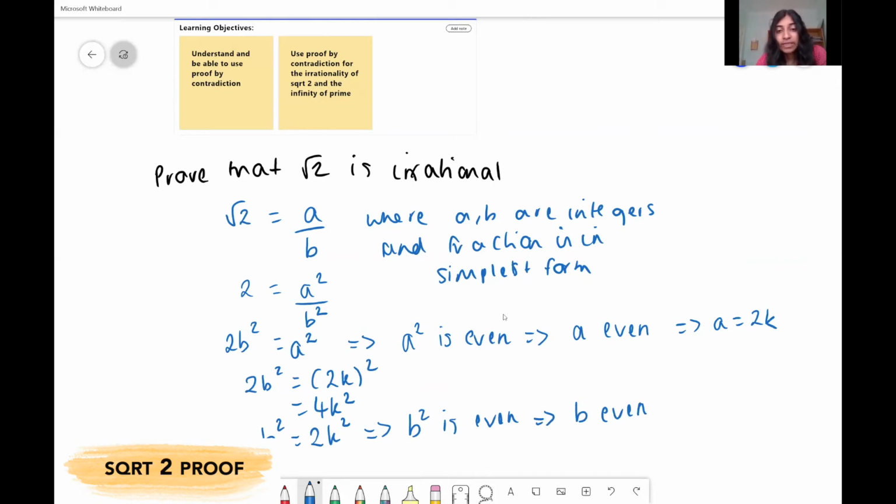But this contradicts what we had before, that the fraction is in its simplest form, because if they're both even, then they both have a common factor of 2. So this therefore means that if a and b are both even, then a over b is not in its simplest form. So therefore, by contradiction, root 2 is irrational.